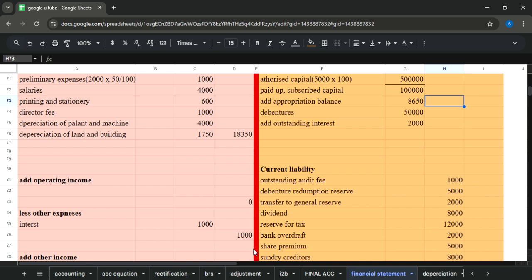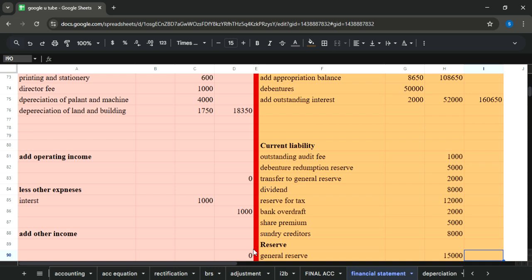It means now we can start our calculation of liability side. Capital plus appropriation balance, and then we have debentures, add its outstanding, after which we will take sum of these two fixed liabilities. This is total of fixed liabilities.